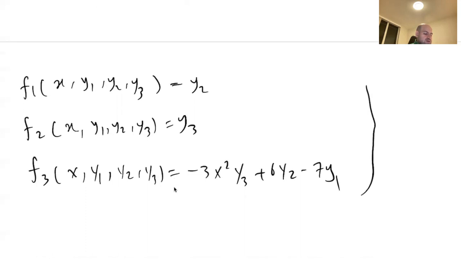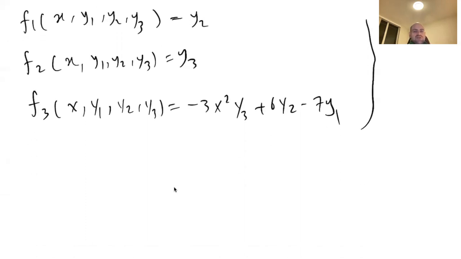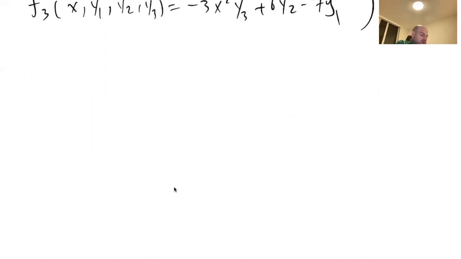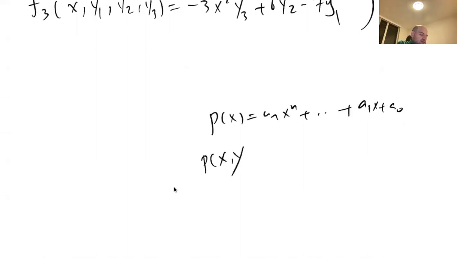So these are basically polynomials. Each of these functions are polynomials. Because, see, here we have 4 variables. Let's say if you are familiar with the concept of polynomial, let's say p of x equals an x to power n plus up to a1 x plus a0. But what about if you have a polynomial of 2 variables, let's say x and y?